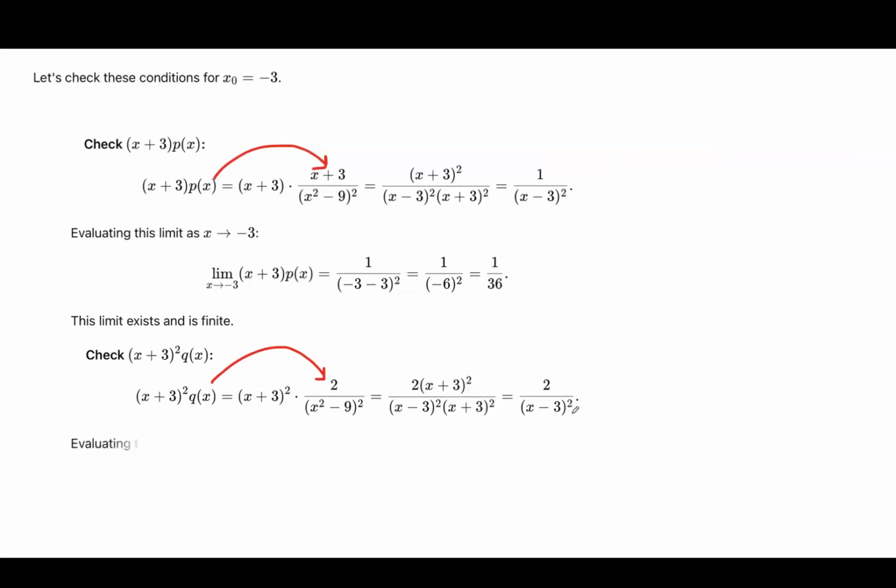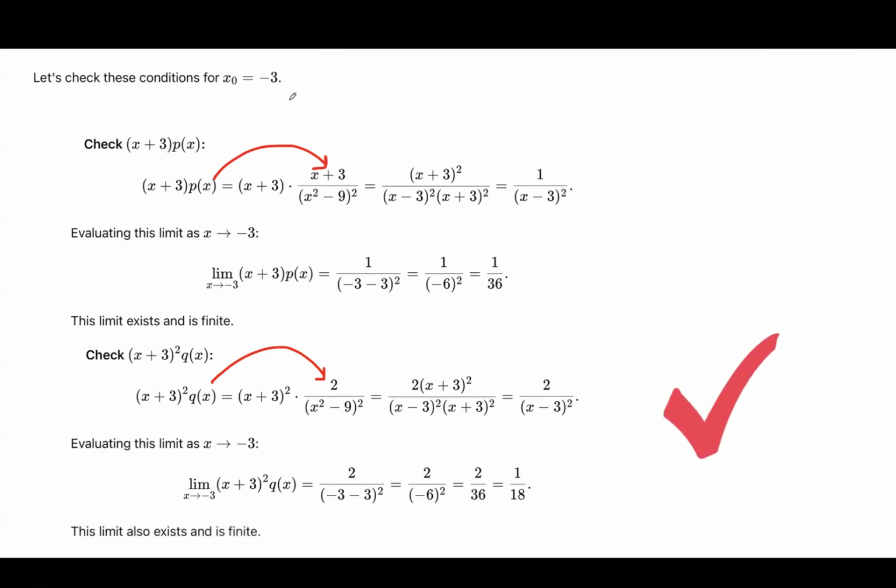If you take the limit as x goes to -3, again you end up with a finite value: 2 divided by (-6) to the power 2, or 2 divided by 36, or 1 over 18. So far we have finite values. It means that -3 is just a regular singular point. So for x equals -3, we have a regular singular point.